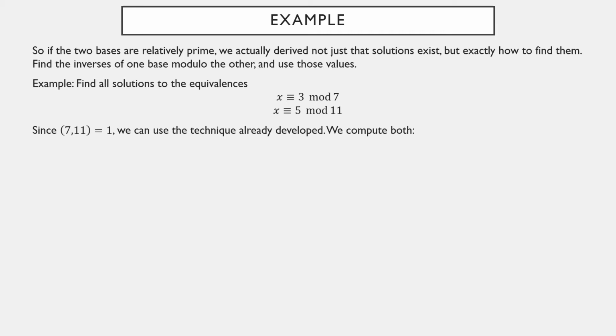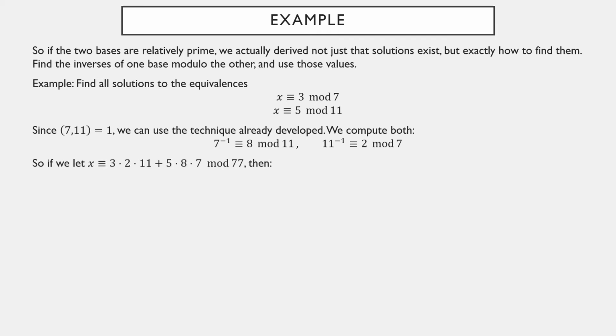We need to compute the inverses of one base modulo the other one. We can compute that 7 inverse is equivalent to 8 mod 11, 7 times 8 is equivalent to 1 mod 11, but 11 inverse is equivalent to 2 mod 7, 11 times 2 is equivalent to 1 mod 7.